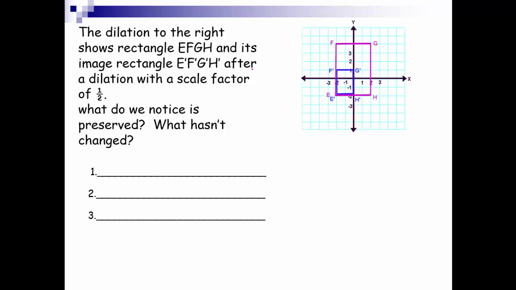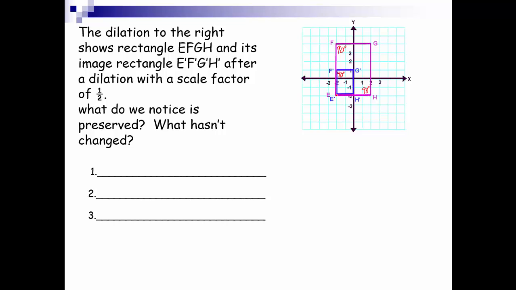If I look at angle EFG, this angle here, you're going to notice that angle is 90 degrees. On the image, angle E prime, F prime, G prime, hey, that angle is still 90 degrees. Does that work for each of the angles? Let's check. How about our original EHG? That angle is 90 degrees there.